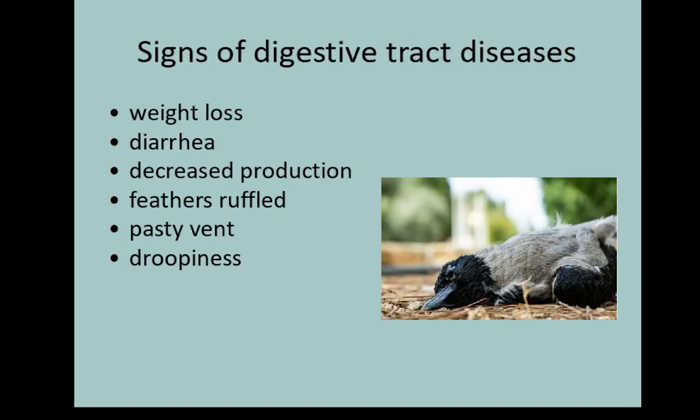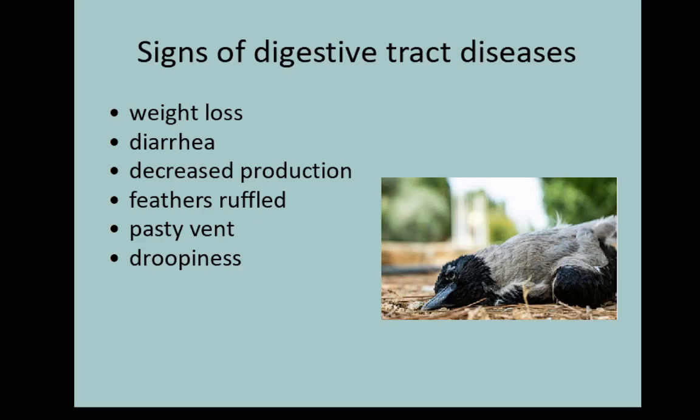All right. Now we move on to more specific signs to be seen when your bird is experiencing digestive tract diseases. So what are these? These are weight loss. If you've noticed that your bird has been consistently losing weight, of course you measure weekly, then this is a sign of an ongoing digestive tract disease.